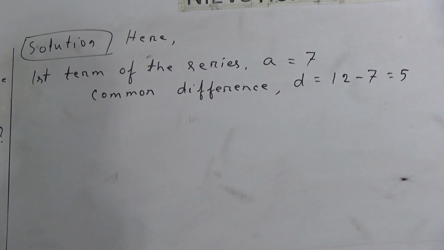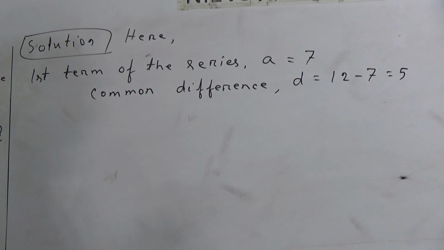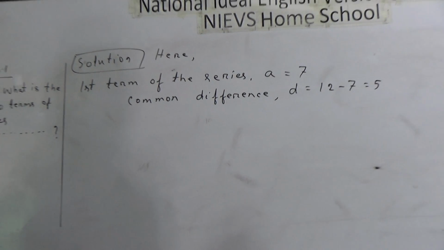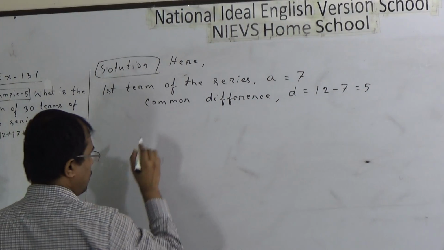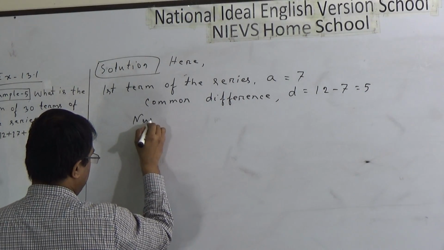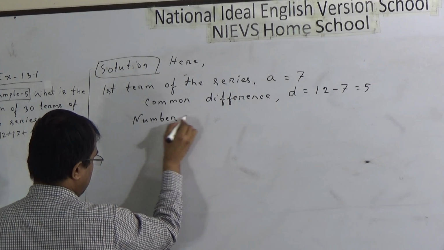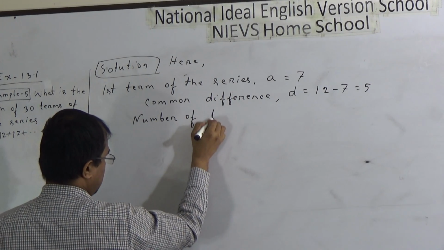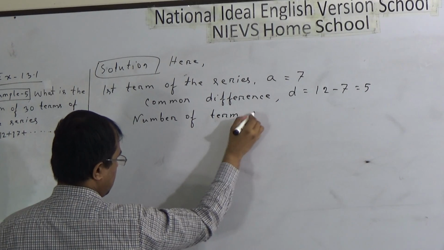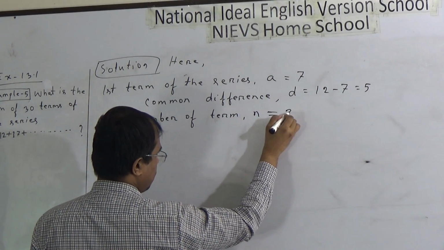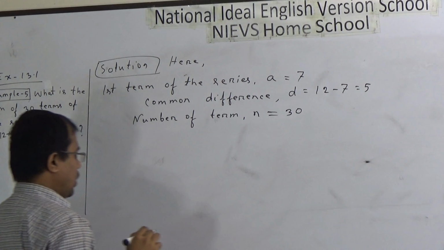Number of terms: you have to find out the sum of first 30 terms. So number of terms n equal to 30. Now we will write the formula.